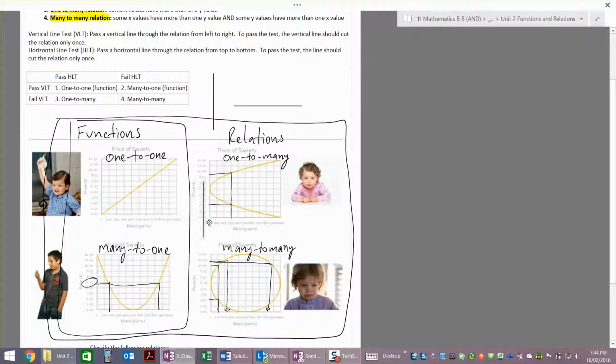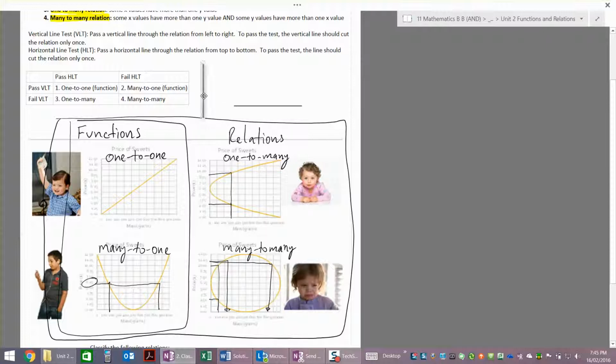If I look at these other relations, we can see that Joan's relation is failing the vertical line test because this vertical line is passing through the curve in two spots. I can show that down in Brianna's one as well. It passes through two spots in many different locations on the relation.